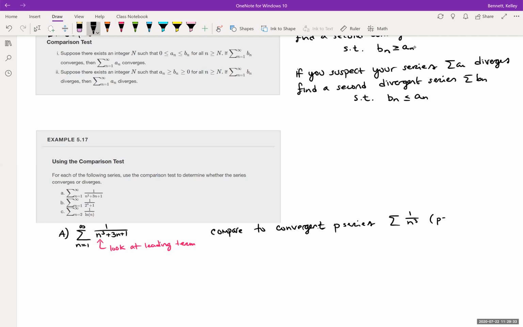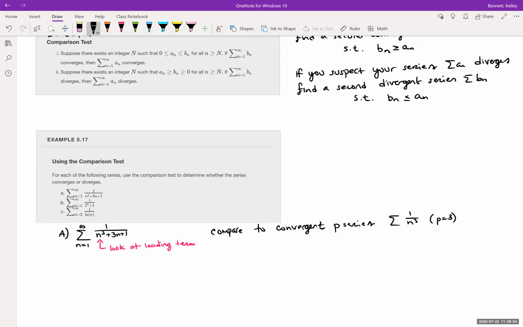So here the p value is 3, so I know that this converges. Because I want to show that this converges, I have to show that the thing I'm comparing it to is bigger, right? I want to say, hey, look, that guy over there is bigger than me. He's still converging. I'm smaller. I must also have to converge too.